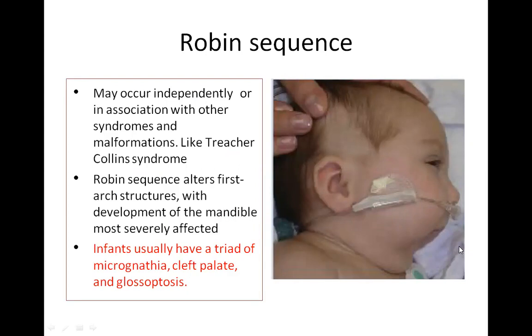So that is known as the Robin sequence. This is also found when the first arch structures are not formed properly and the mandible is most severely affected. So these are the derivatives and the clinical considerations of the first pharyngeal arch.